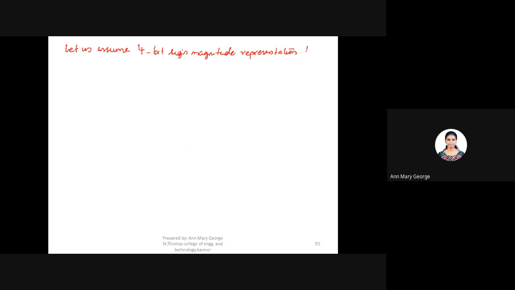And also we can assume the input, or let the input be x of n equal to 0.825 for n equal to 0 and 0 otherwise.